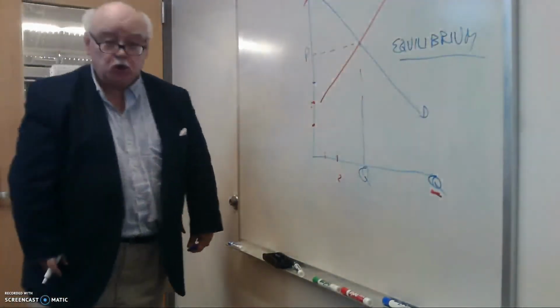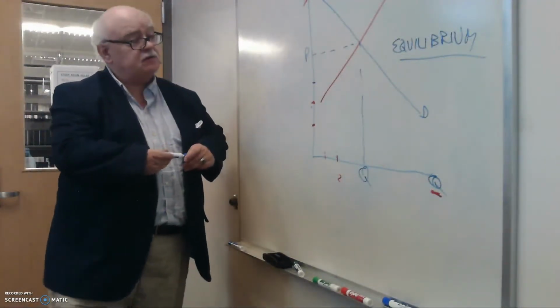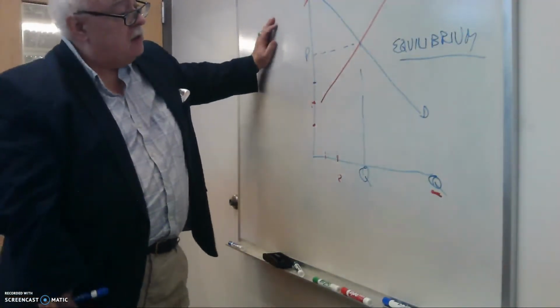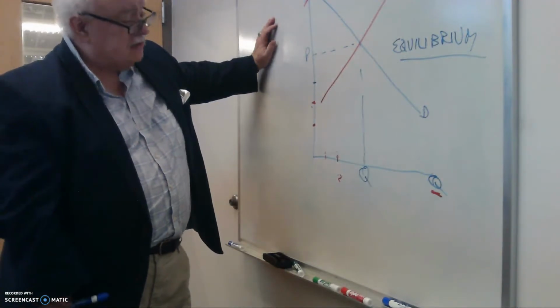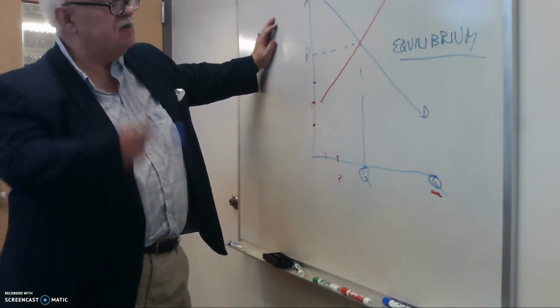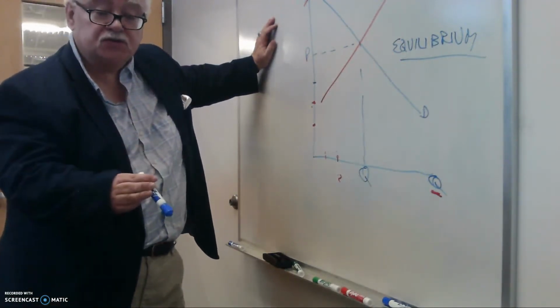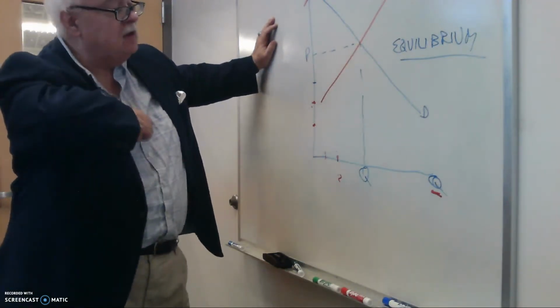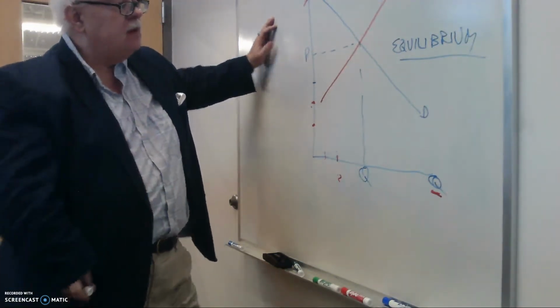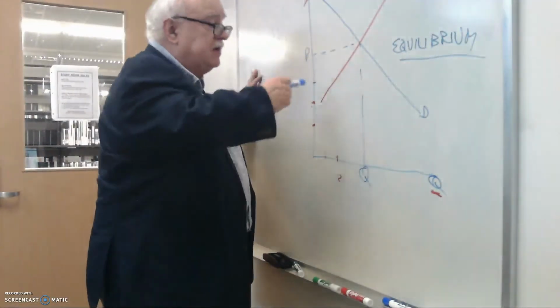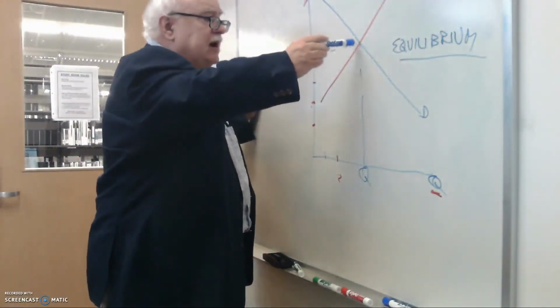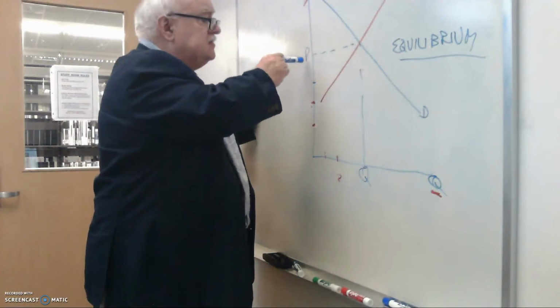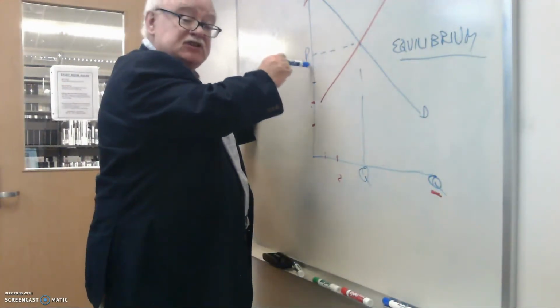And that is good. Everybody loves equilibrium, pretty much. Equilibrium means it's an efficient allocation of resources, because with equilibrium, everybody that wants to buy this item at this price buys as much as they want.